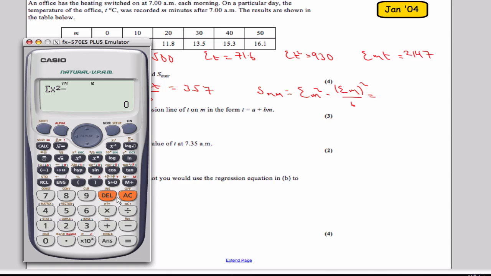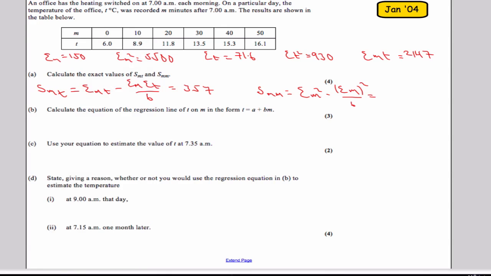I'm going to put a bracket up here, sum of M, which is the same as the sum of X, close that bracket, divided by 6. Gives me 1750.